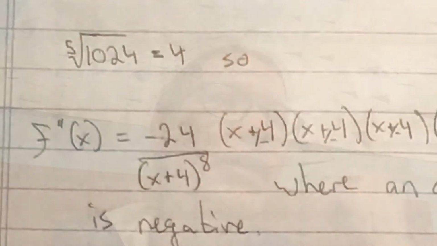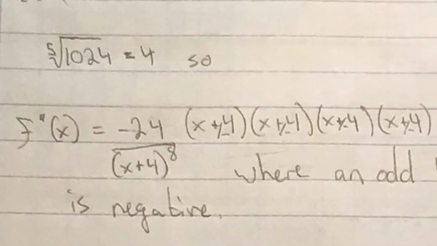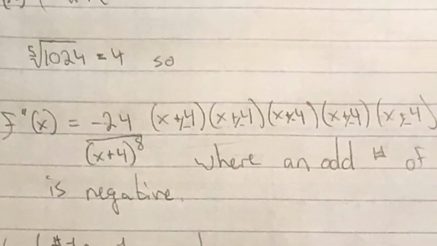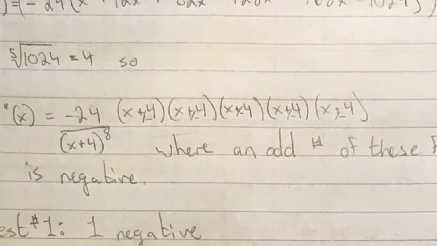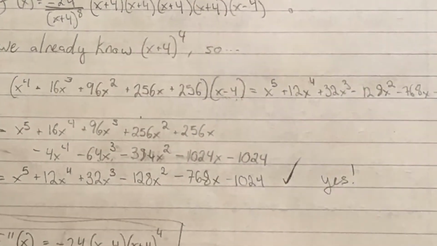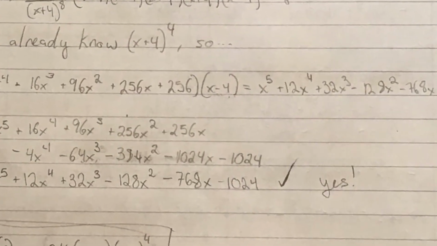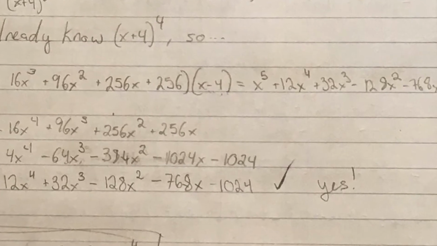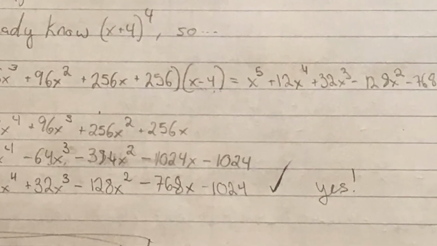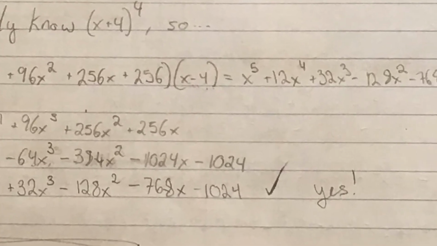I thought that was too perfect to not be the case, and knowing the constant was negative, there would have to be an odd number of factors with a negative constant in them. So I started with 4 of them being x plus 4 and only 1 being x minus 4, and that turned out to be the case.